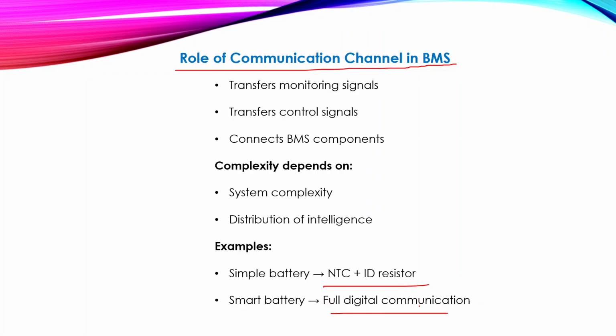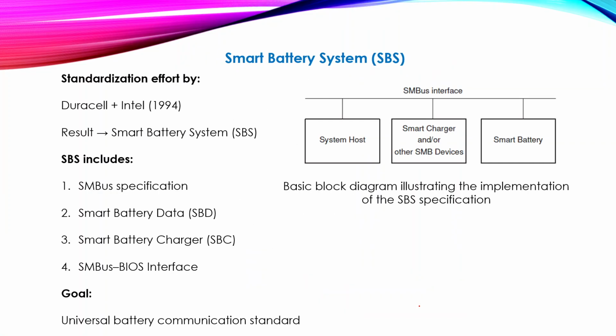Then what do we mean by the smart battery system, SBS? That is nothing but standardizing the communication. Duracell and Intel introduced the smart battery system specification in 1994. The goal was to allow batteries of different types and chemistries to communicate in a standardized way.